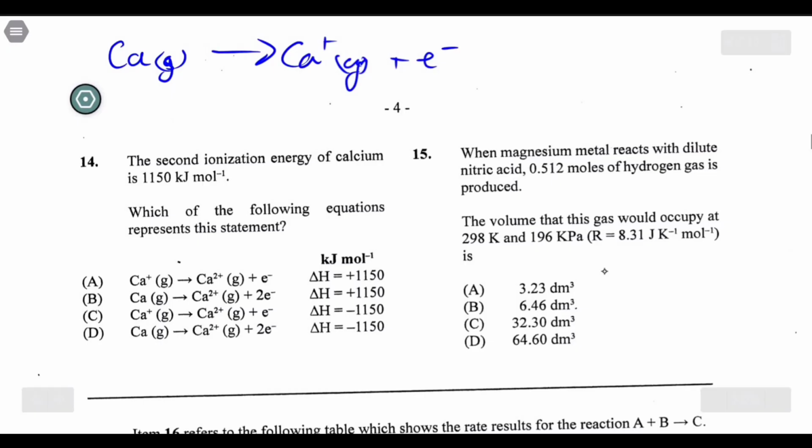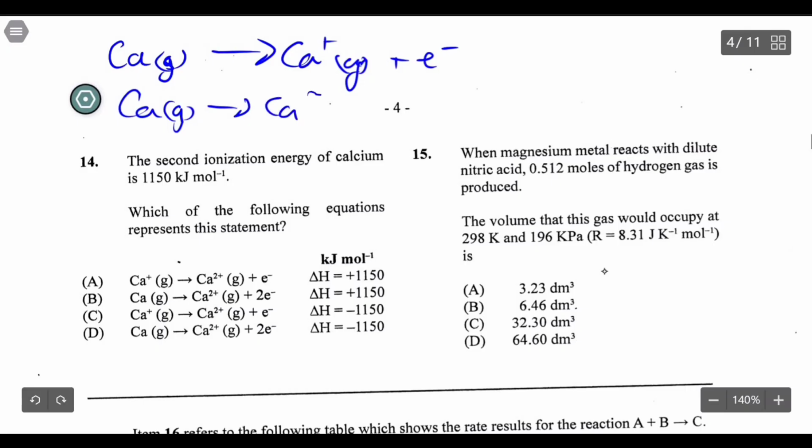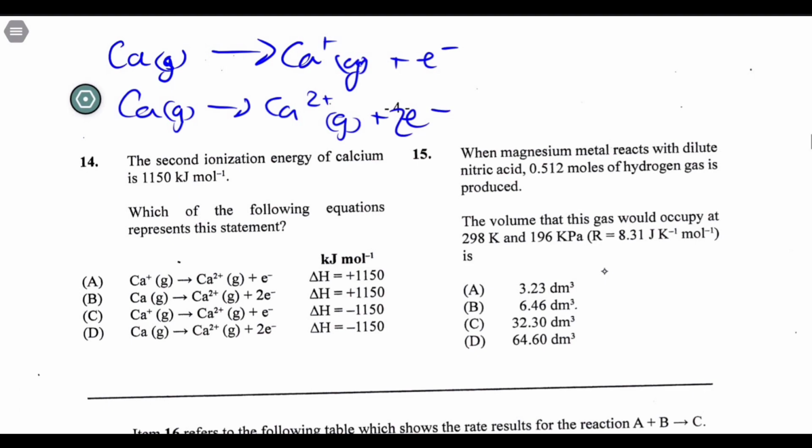For the second ionization energy, you'd have Ca plus gas giving Ca2 plus in its gaseous form, plus an electron. Removing the electron requires energy. So the answer for this would be C.